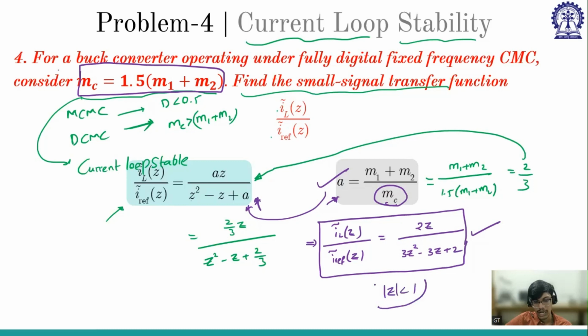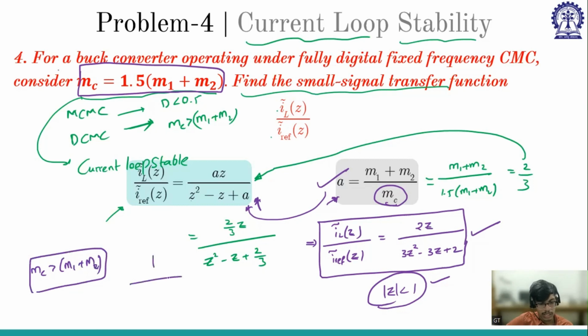But without checking, I can say that it will lie in the unit circle. How? Because my MC is greater than M1 plus M2, so I know that the current loop is stable. So my roots should lie inside the unit circle. And this you can also check by calculating the Z. If you have a calculator, you can quickly check the values, or maybe I can check: 3 plus or minus square root of B square minus 4AC.